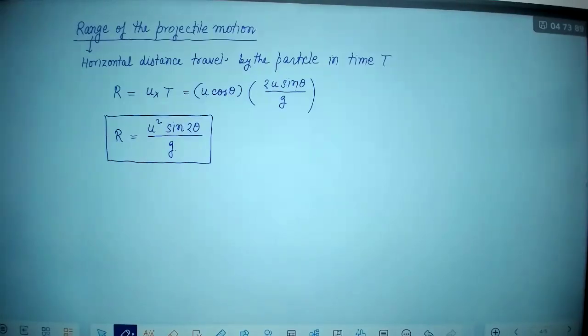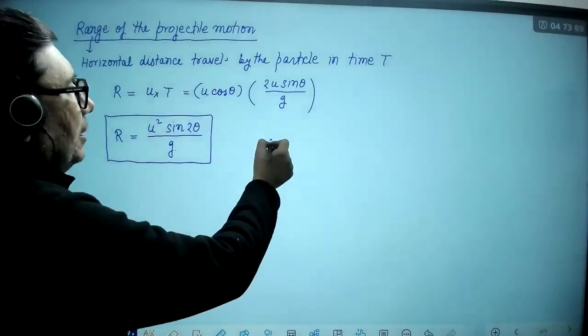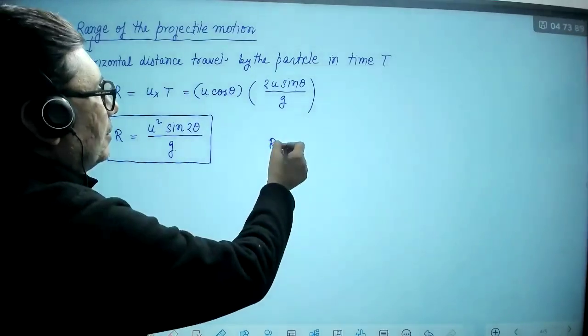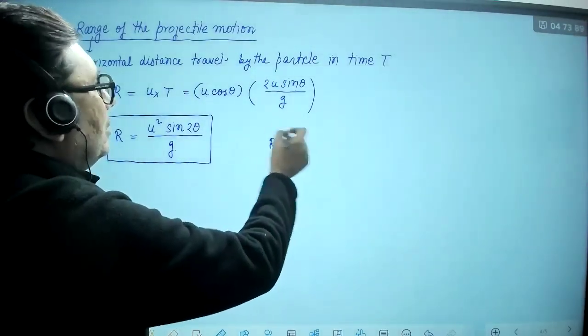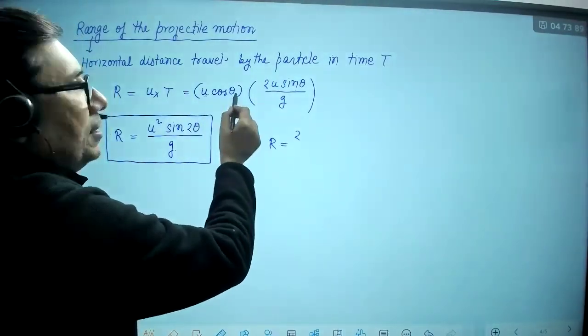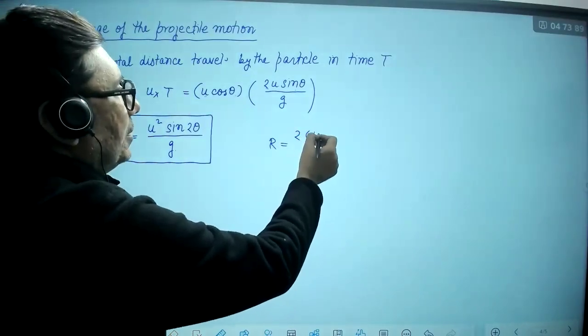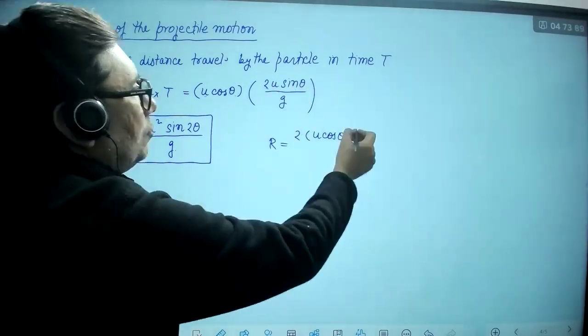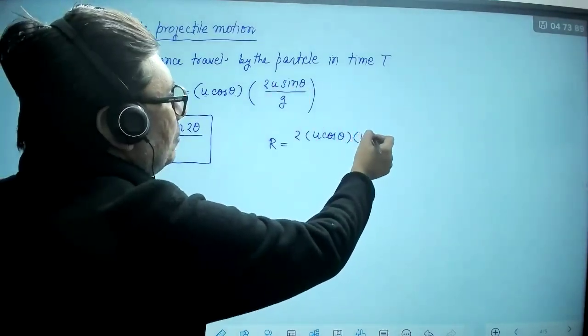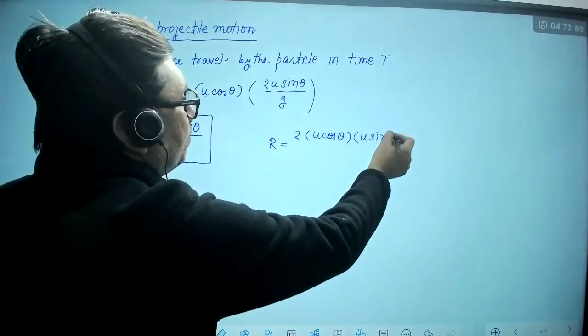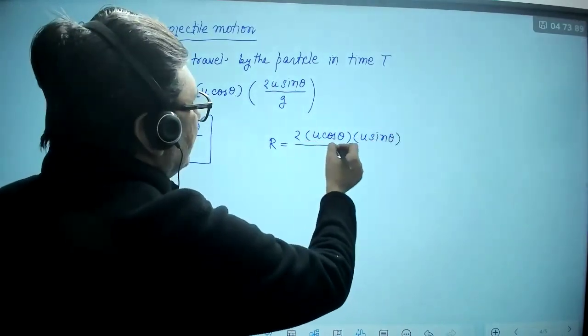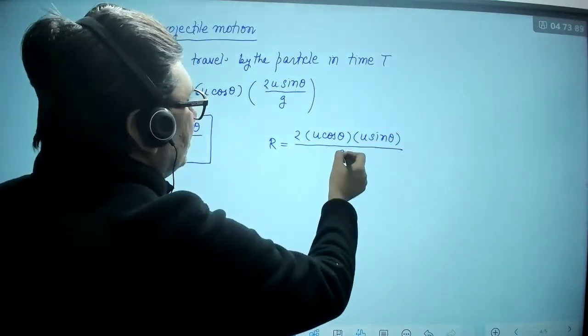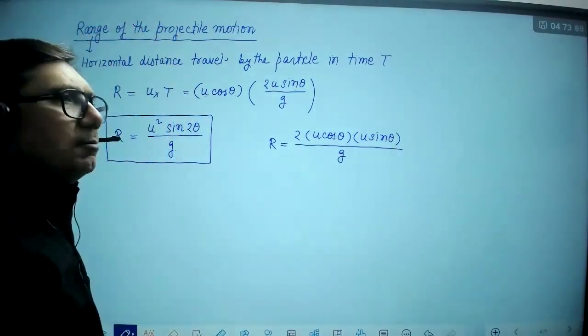I can also write this formula in another way. Range is, I'm writing 2 here. This is u cos theta, so I'm writing u cos theta here. Second here, it is u sin theta, divided by g.